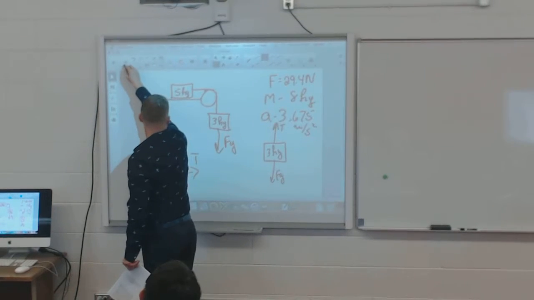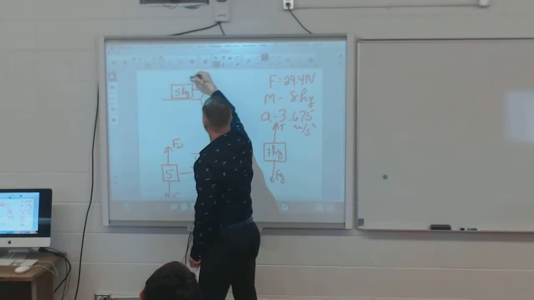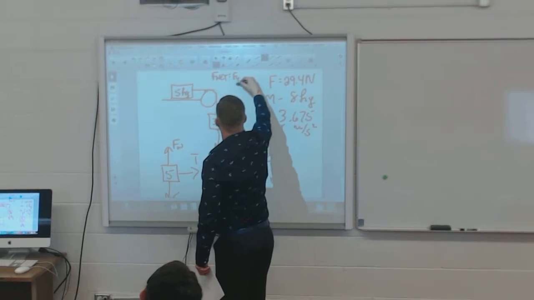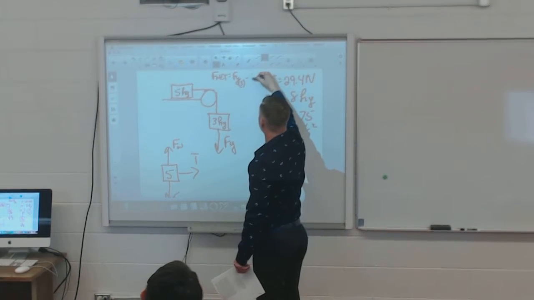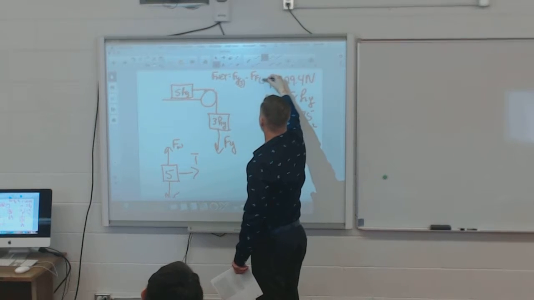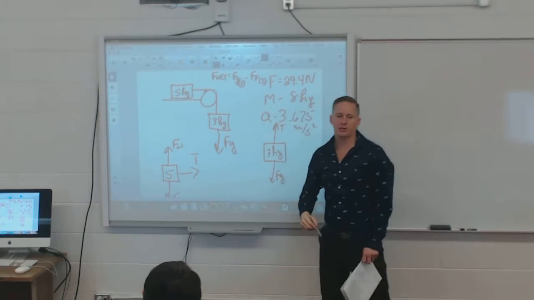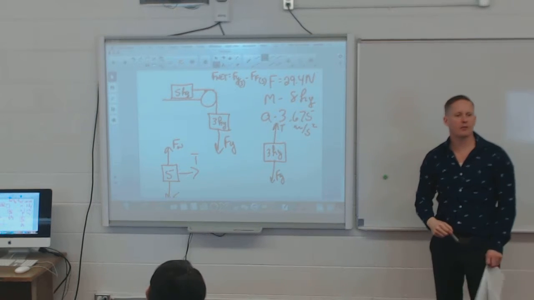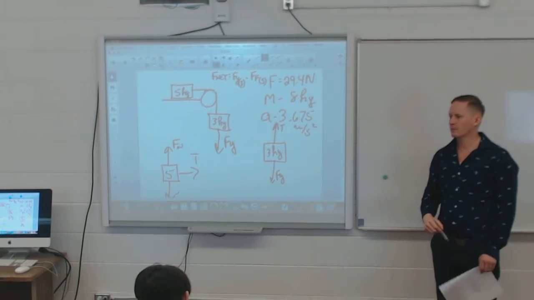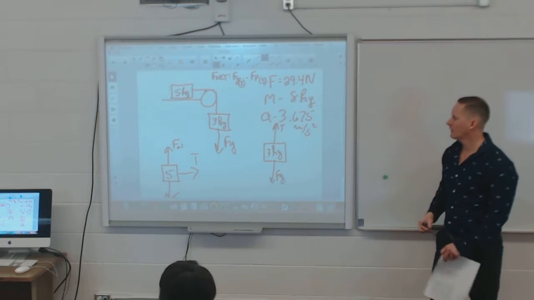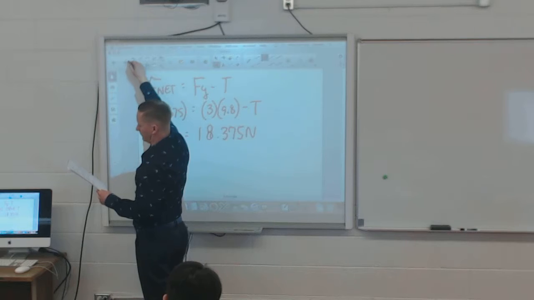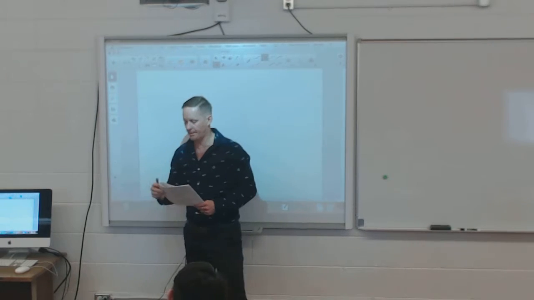Sorry, I left mixed up. The net force here would be the force of gravity of the 3 minus the force of friction on the 5. That's the only thing that changes if they add friction in there, because that's what's holding the 2 of them back. Okay? The first 3 questions do not deal with friction on that page.